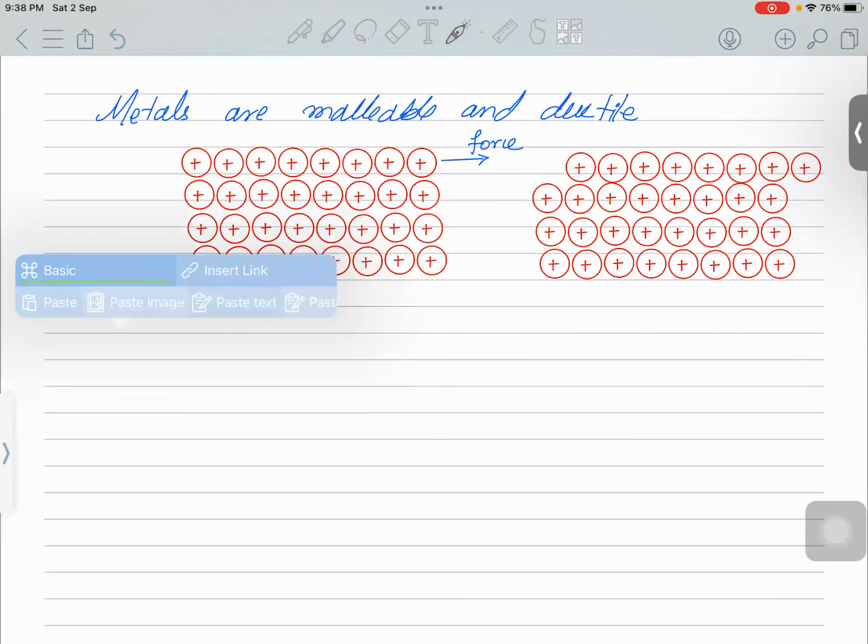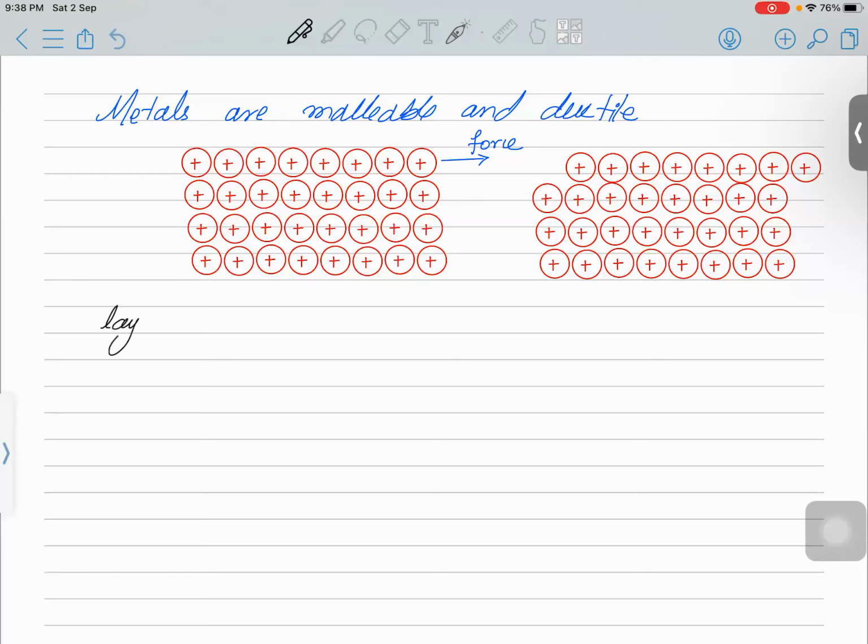So first point. Sir, but metals can only be malleable and ductile at a high temperature? When you increase the temperature, malleability increases, because if you have a cold block, you can't make it ductile.